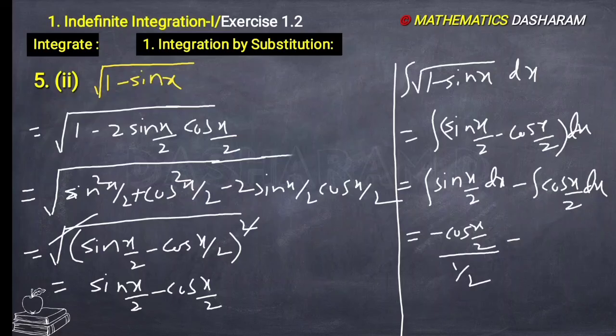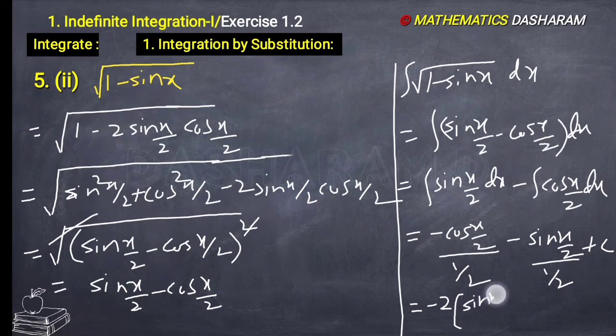Minus, here also the integration of cos x by 2 is sin x by 2, and the derivative of x by 2 is 1 by 2, and add one constant c. So now overall minus 2 is common. So then sin x by 2 plus cos x by 2 plus c is our required answer.